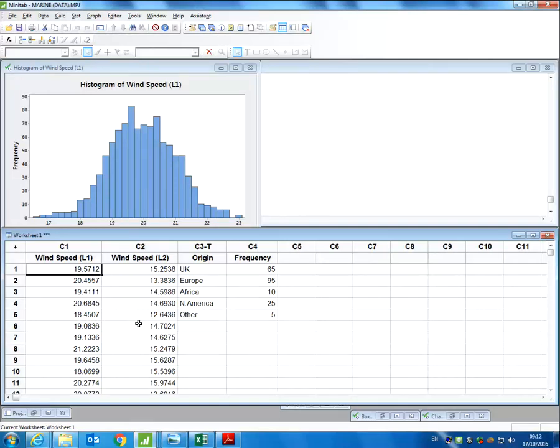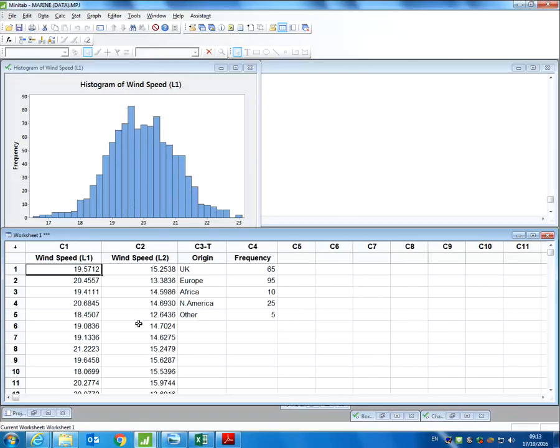If the variable is continuous, then theoretically, you can measure to a limitless amount. So therefore, even if 19.5712 has occurred again, that's just the data to 4 decimal places. Okay? You can measure to any number of decimal places. So when a variable is continuous, no 2 values are actually the same.